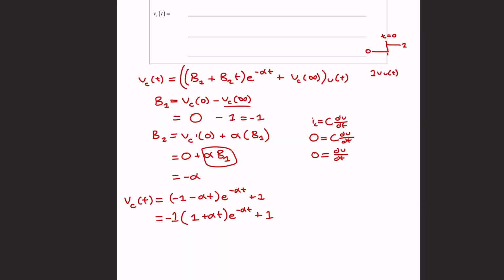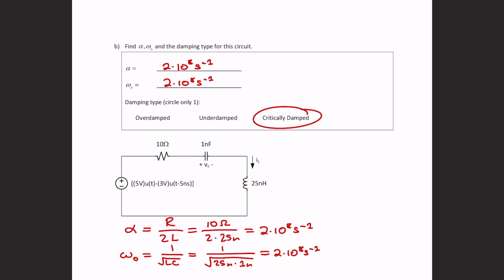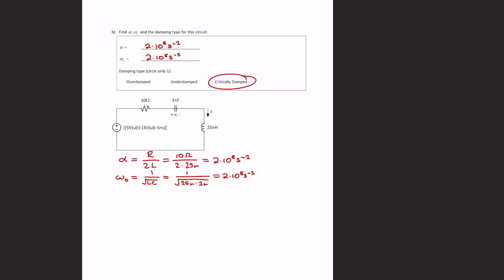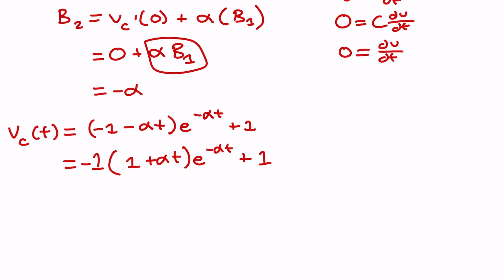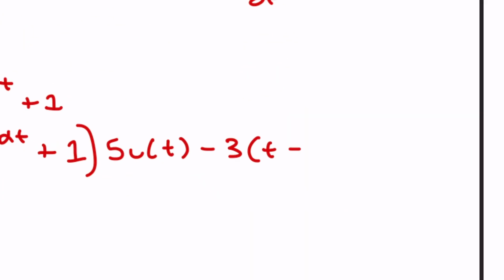So all we got to do is scale this thing up. We just got to do this times our unit step function. What was our unit step function? Well, it's over here. It's this big messy thing over here, right? So let's write that down. All of this times 5u(t) minus 3(t minus 5 nanoseconds). There we go.